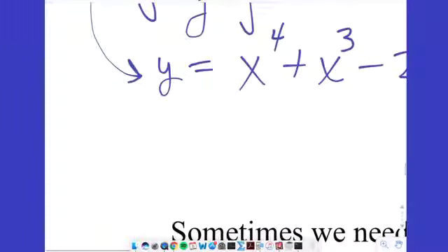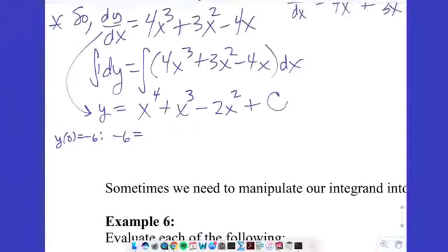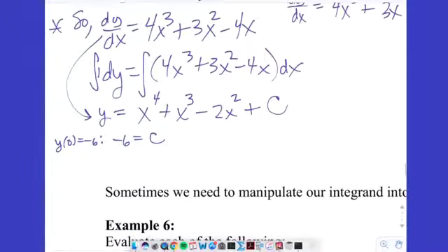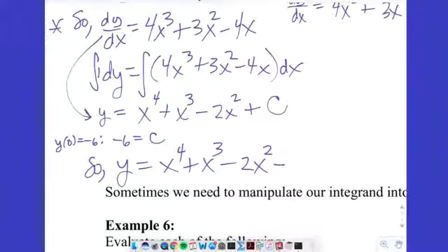So to show that I'm doing that, y of 0 equals negative 6. Plug it in, you get negative 6 equals 0 plus 0 minus 0 plus c. That was an easy one to use. So c equals negative 6. And so finally, here's the solution. You get y equals x to the 4th plus x cubed minus 2x squared minus 6.